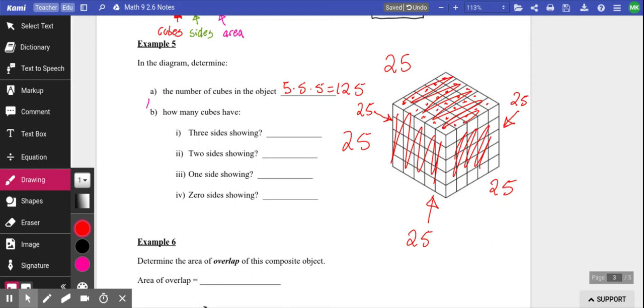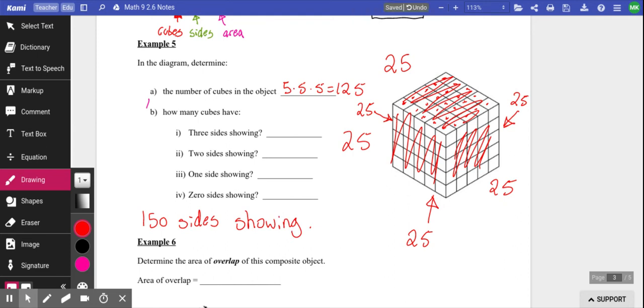In this case, it'd be 1, 2, 3, 4, 5, 6. 6 times 25. It'd be 150 total sides showing. I think that's the easiest way to do it, personally.